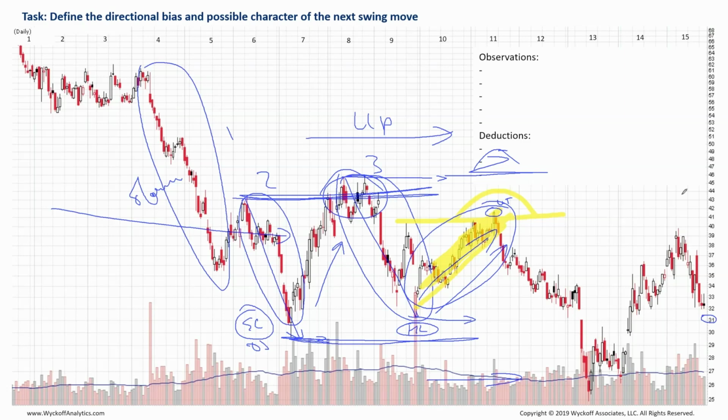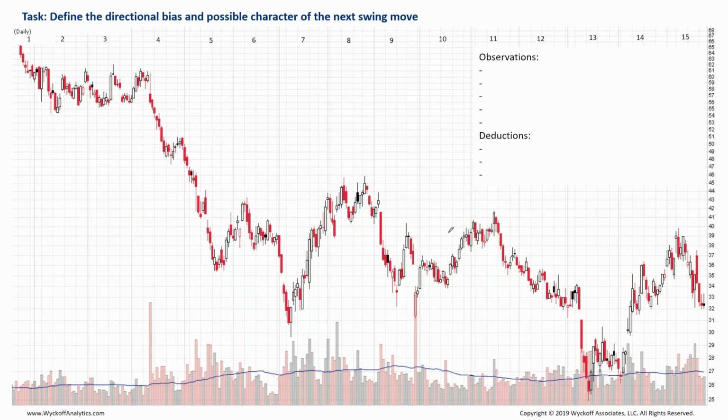And Arvind, what happens on the next reaction? The next reaction confirms that it's a down bias because it commits below the intention.